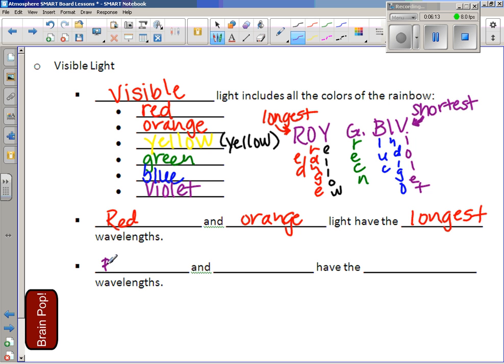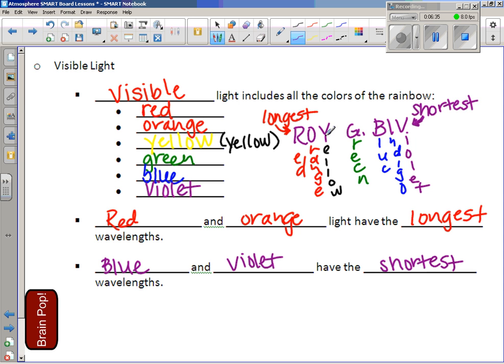So we know that blue and violet have the shortest wavelengths. Okay, so that takes care of all of the visible light that you're actually able to see.